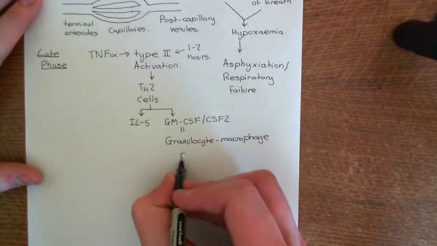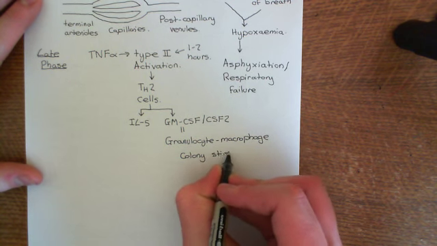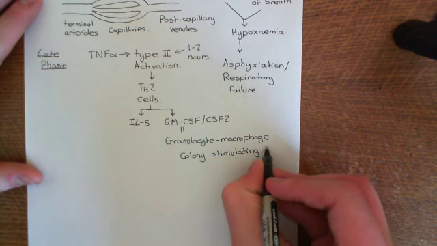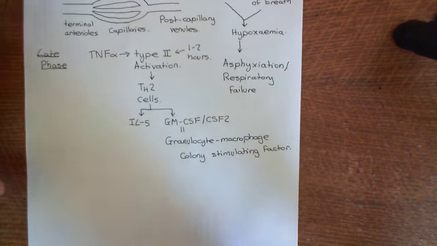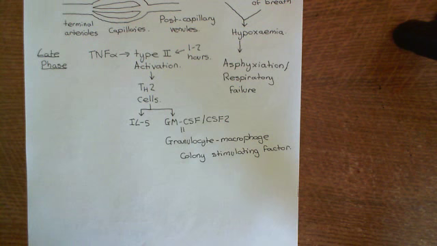The CSF is colony stimulating factor, not cerebrospinal fluid. And this is also just called colony stimulating factor 2, which is in some ways a more sensible name for it, but granulocyte macrophage colony stimulating factor is probably more common.